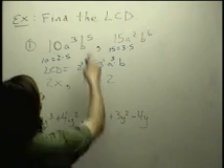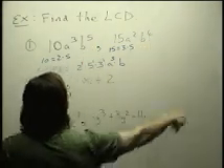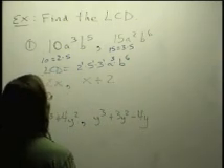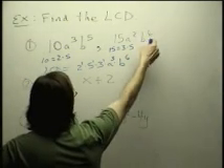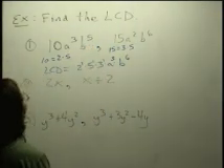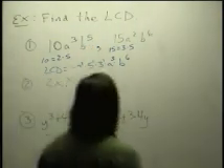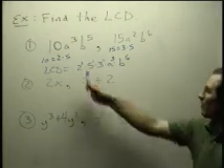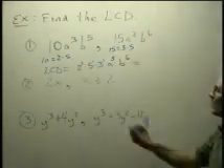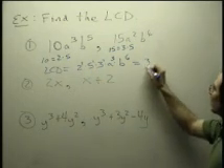And for b, I have b to the fifth power and b to the sixth power. To satisfy either, I need b to the sixth power, because I need at least 6 to cover this one. And that will also cover this one that needs at least 5. So there's my least common denominator. And I'll go ahead and, like these, multiply the coefficients together. 2 times 5 times 3 is 30.